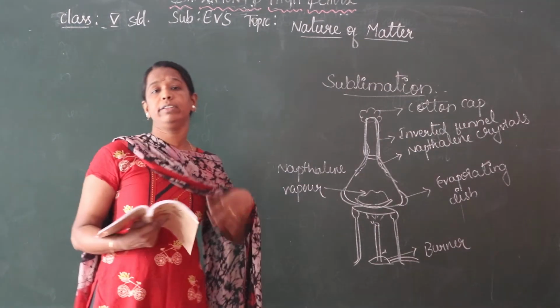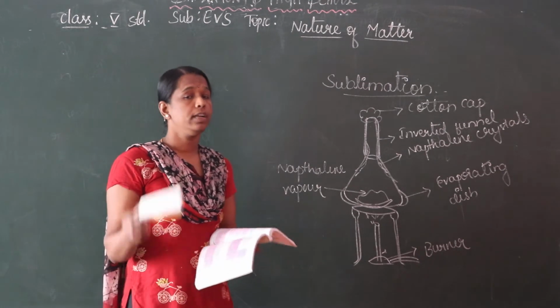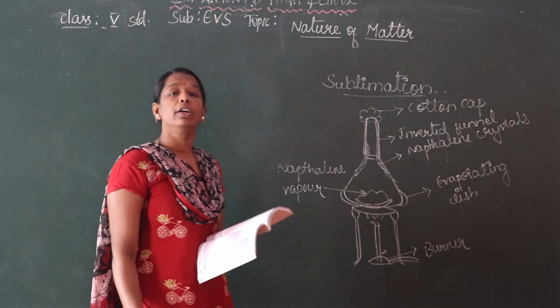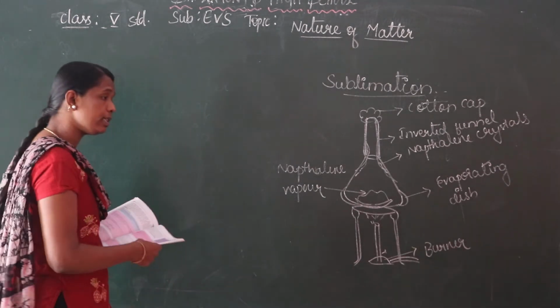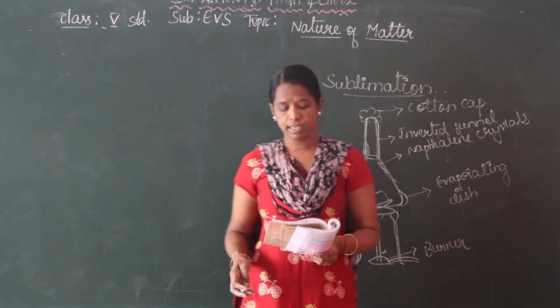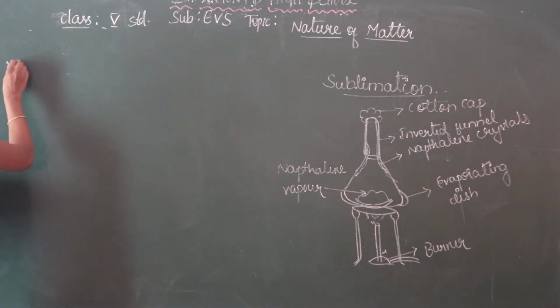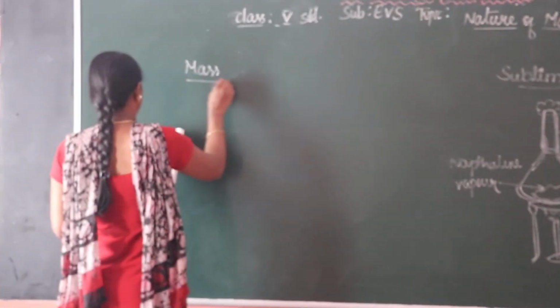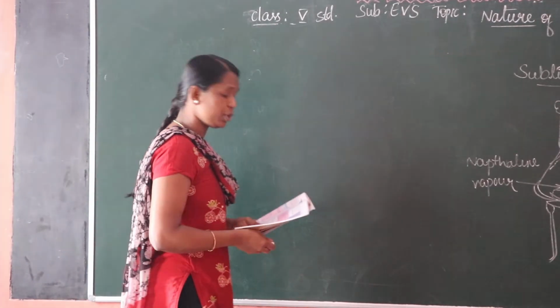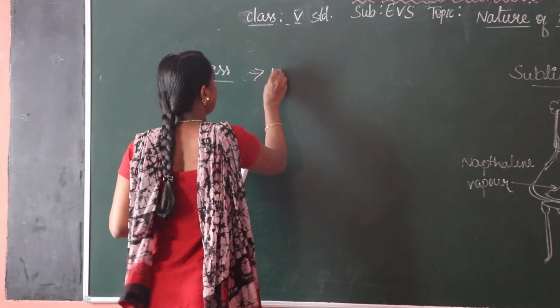Mass. When we weigh a chalk piece, we see how much weight it has. When we weigh dust, we see how much weight it has. So that is called the total quantity of matter. We can say it is the mass of the matter. Usually mass is measured in terms of weight.